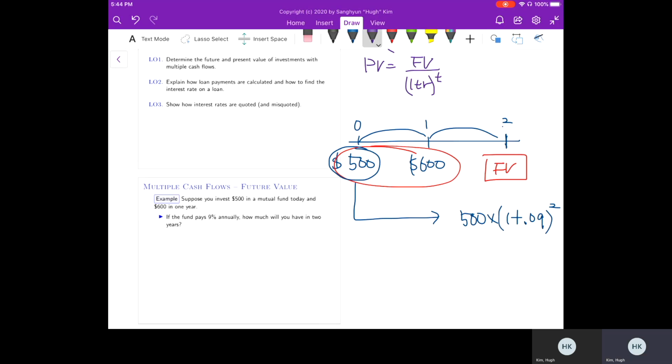And also we can apply the future value formula to this $600. So the future value is 600 times 1 plus 0.09.